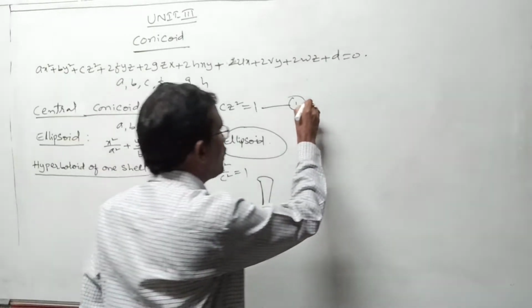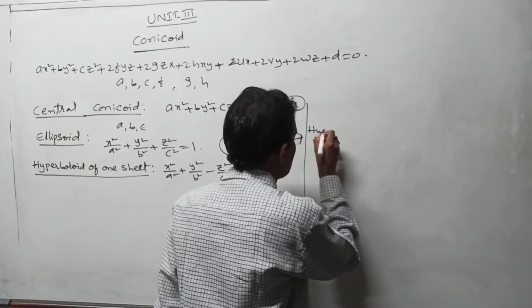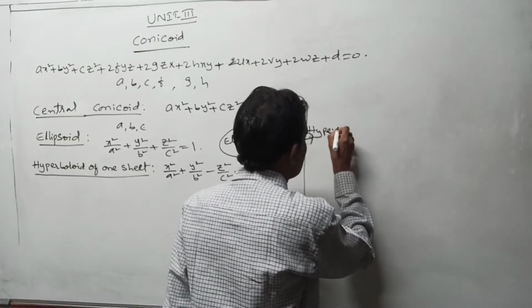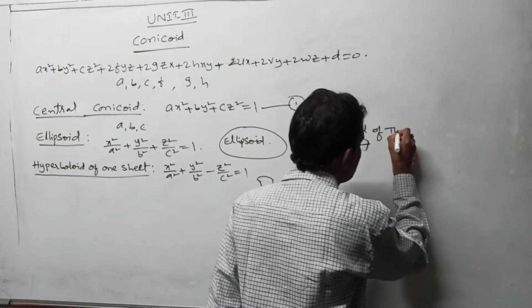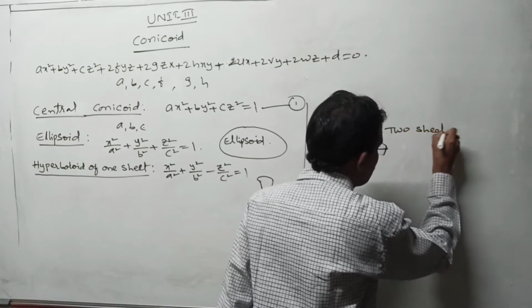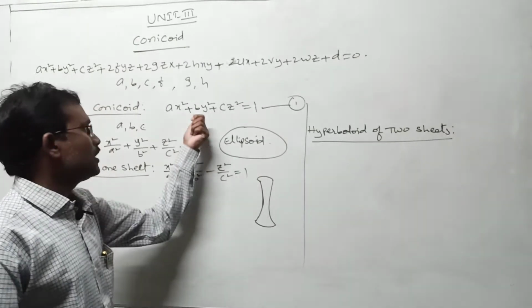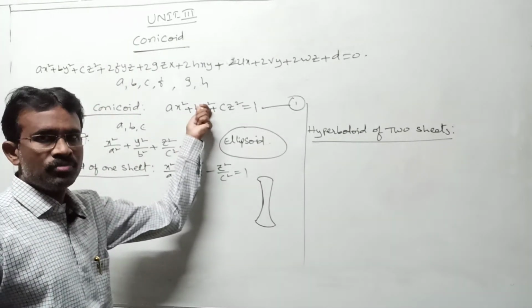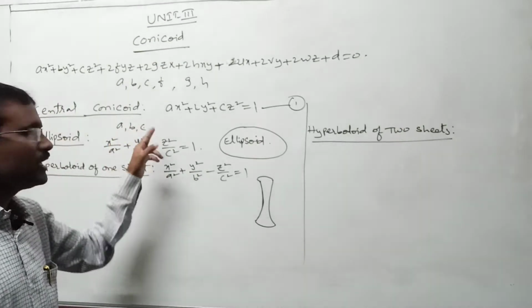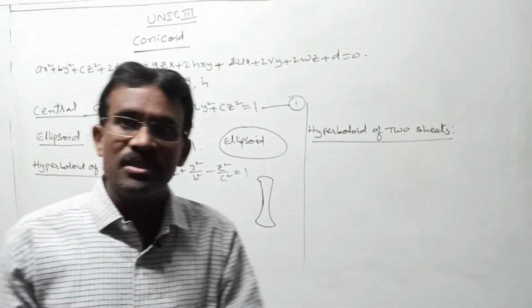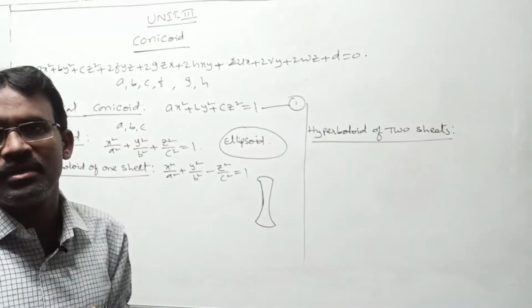Next, let us go for hyperboloid of two sheets. In this central conicoid, one constant is positive and the other two constants are negative.